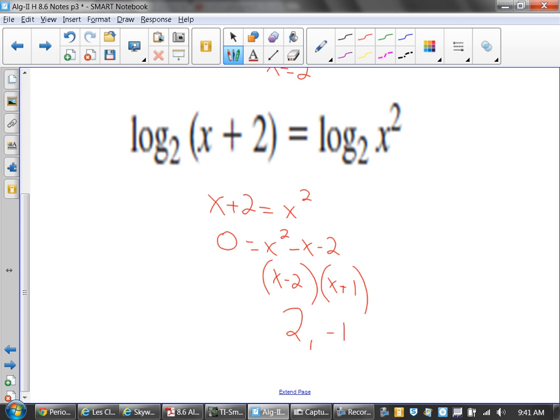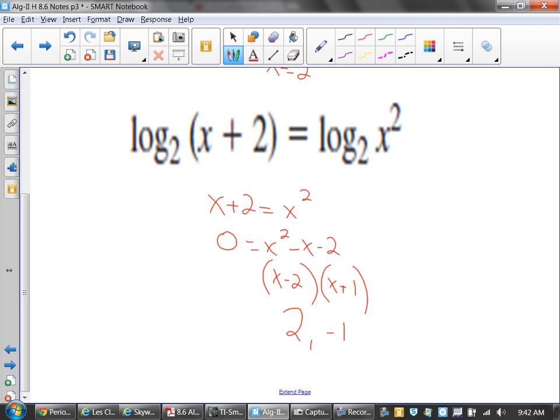Okay, does negative 1 work? Yes. So can you just jump right away and say the answer is going to be 2? No. You were half right. That's still partially right. Again, guys, there will be times, just like we've had in the past, whenever we had a factoring problem, both results may work, one result may work, or neither result may work. Verify it, okay? Just double check.